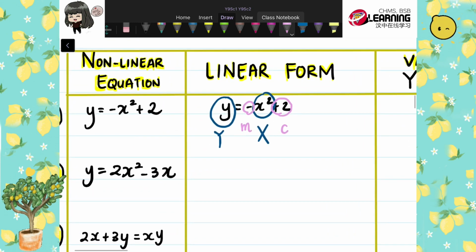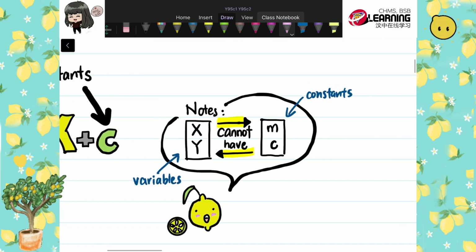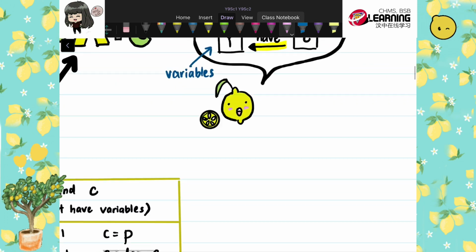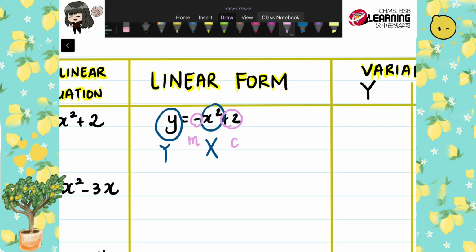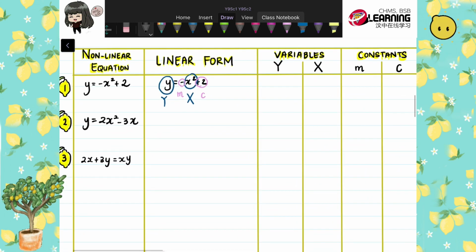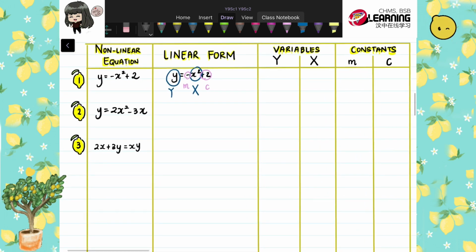Okay? So the condition just now, as I say: X and Y cannot have M and C, M and C cannot have X and Y. Okay, remember that. So in this case, your Y and X don't have M, don't have C, your M and C don't have your X and Y. So therefore I can write here my big Y is y, my big X is x squared, not negative x squared.